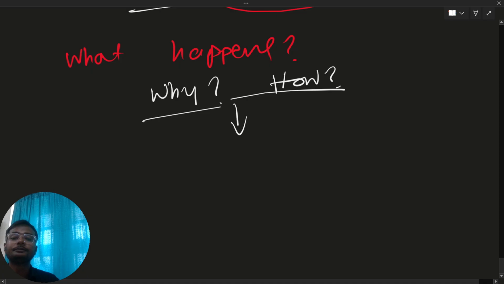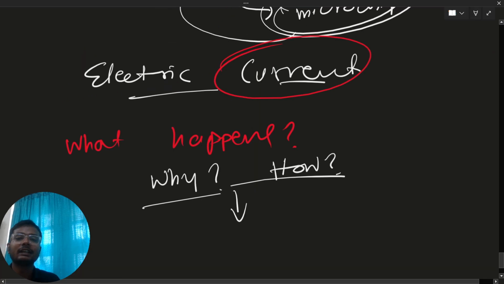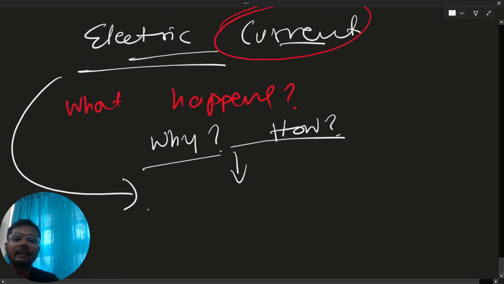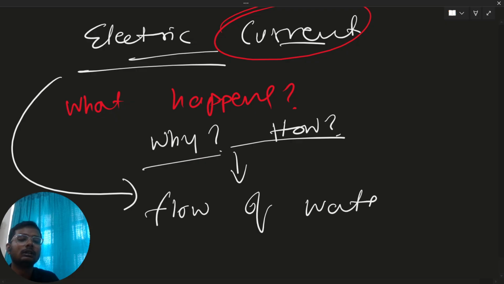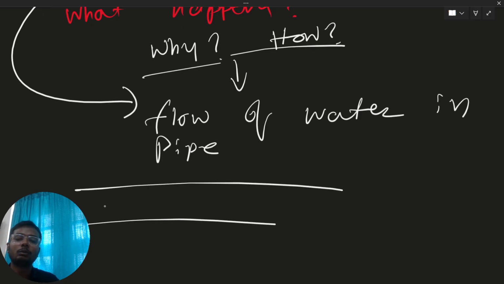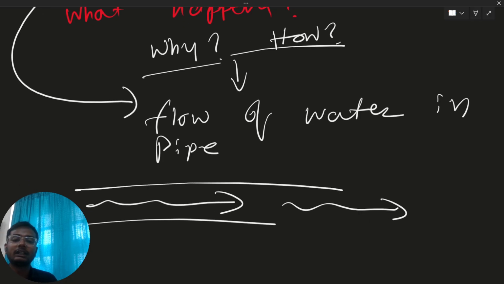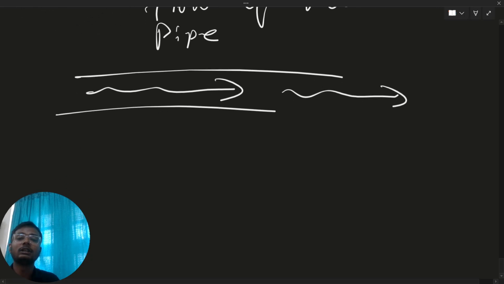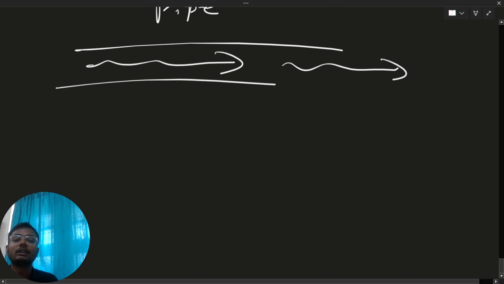You can understand electric current as being like the flow of water in a pipe. When you open the pipe, what happens? The water flows in one direction. In the same way, you can understand the electric charge or electric current.